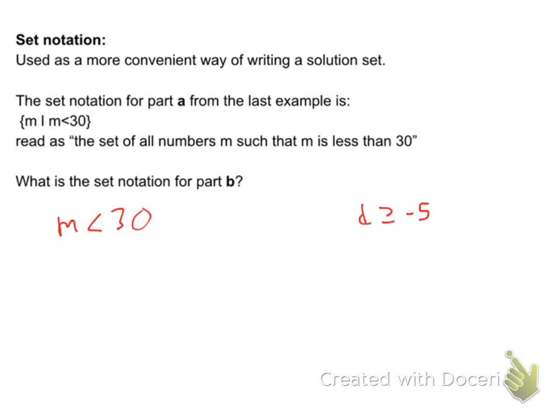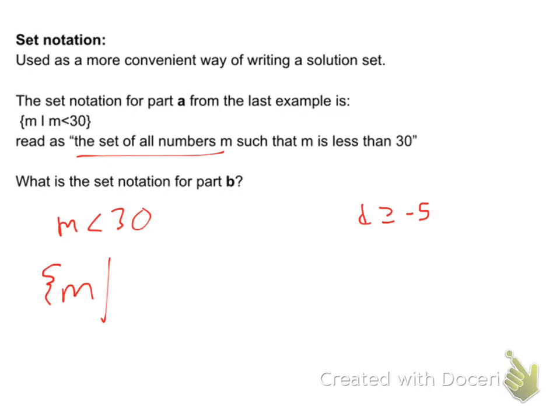So, what we have there is this squiggly line, kind of bracket, and they put m there because we're going to talk about the variable m. It also kind of helps stand for this whole idea of the set of all m's, all numbers m. And then they put a straight line.